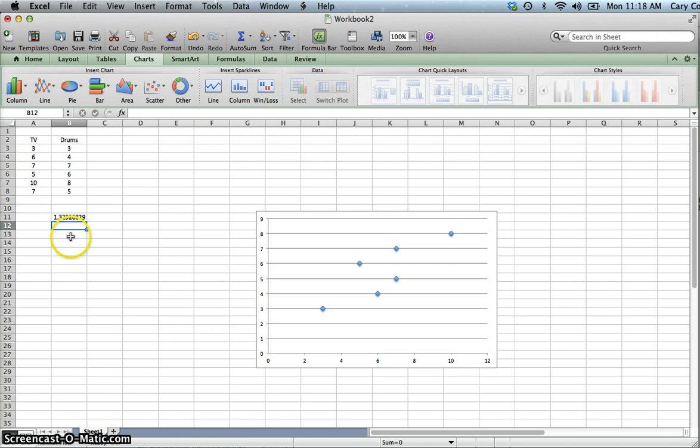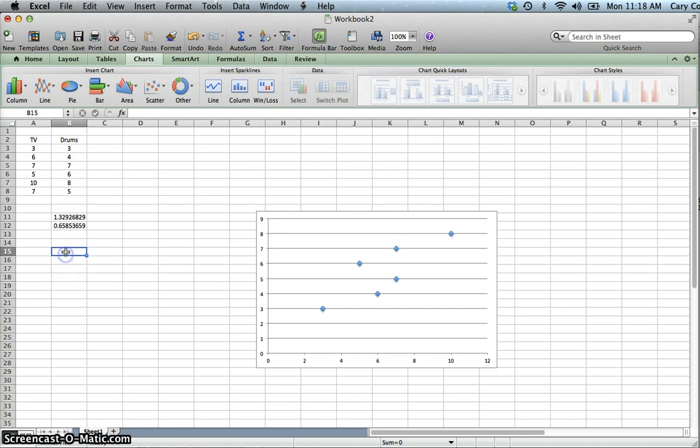So there's our intercept, and then of course we can figure out our slope. It is a positive slope. We know that. Equals slope, parentheses, our Y's, again the drum sales, comma, and then our X's, the TV appearances.